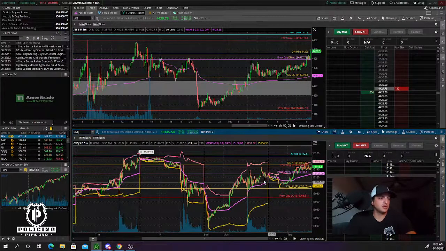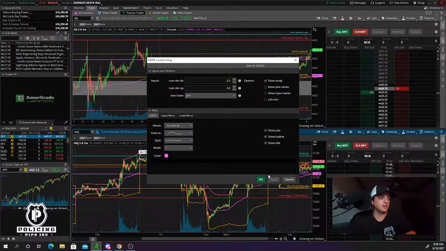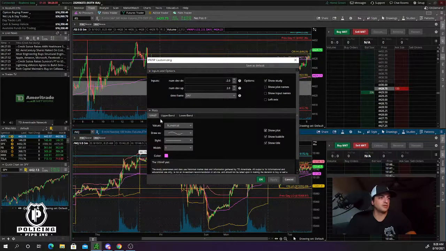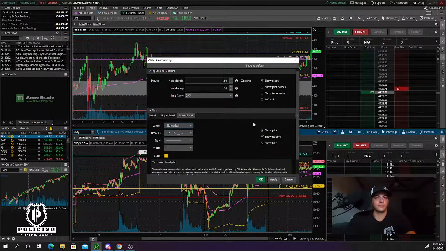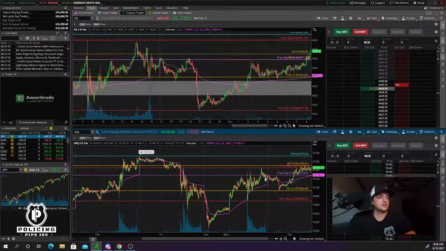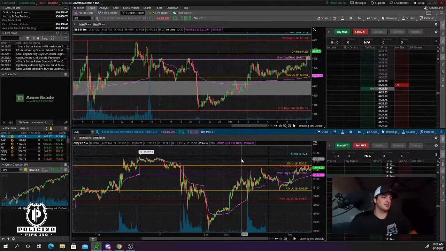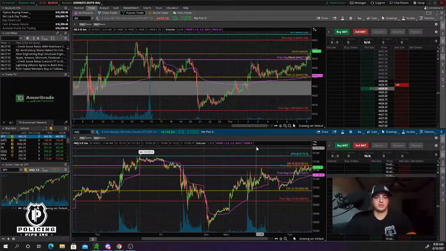I don't have my squeeze indicator on here either. I'll clean this all up when I get a chance. Definitely shouldn't have done that yesterday, but took the chance. Shit happens.